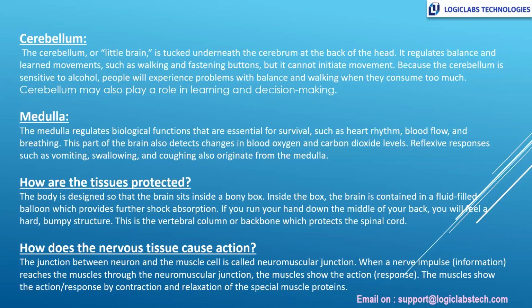The muscle cells contain some protein that is very important, which helps in changing their shape. The protein which is present inside the muscle plays a very major role in changing the shape of the muscle. When a nerve impulse or information reaches the muscles through the neuromuscular junction, then the muscles show the action.